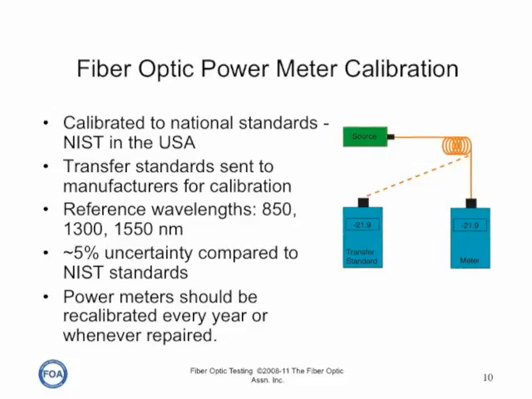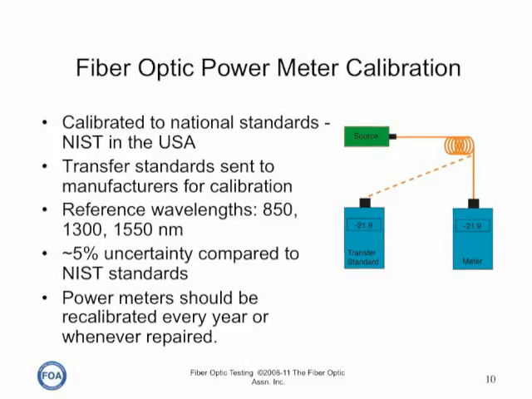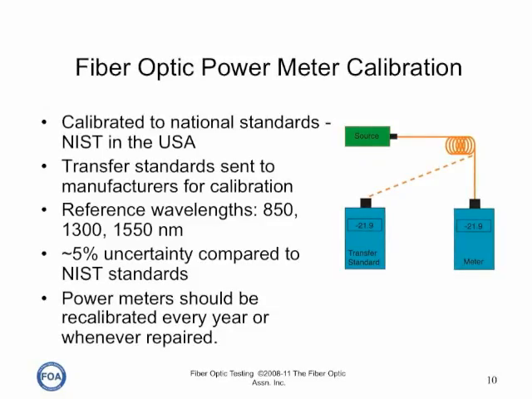However, the process of transferring the standards to manufacturers means that typically there's about a 5% uncertainty compared to NIST standards. Just to make sure that power is read correctly, meters should be recalibrated every year or whenever repaired.